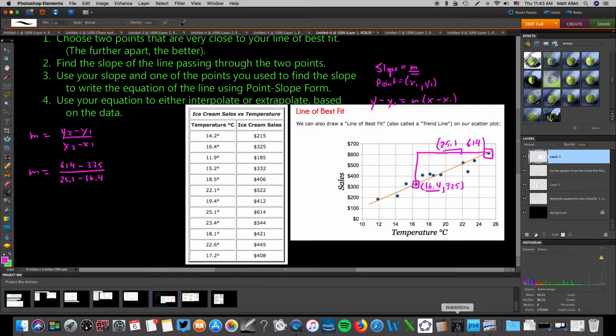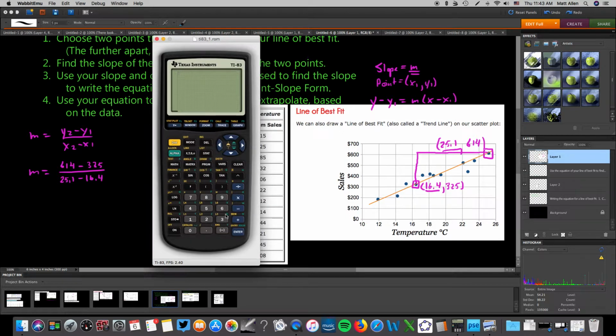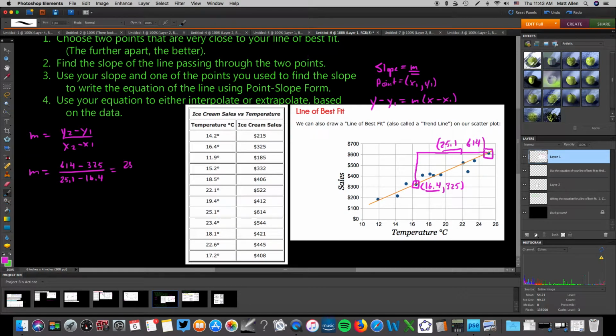We're going to need our calculator here, and we're going to do a little bit of approximating out to the nearest tenth. 614 minus 325 gives us 289, and 25.1 minus 16.4 gives us 8.7. So we get 289 over 8.7, and I want to boil this down to just a decimal, rounding to the nearest tenth.